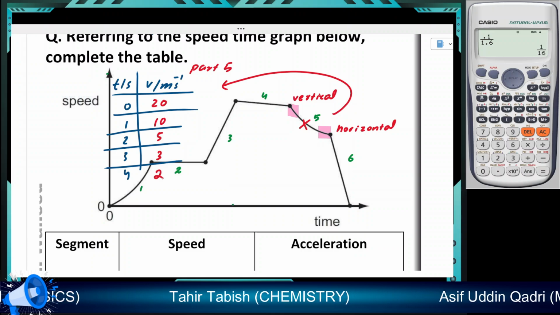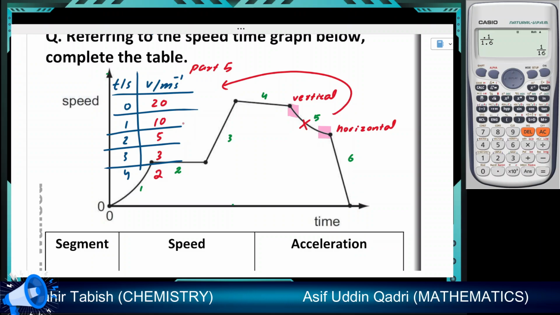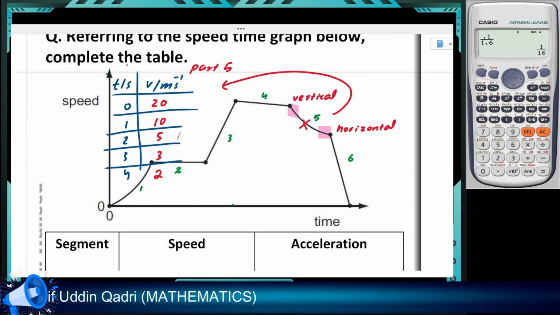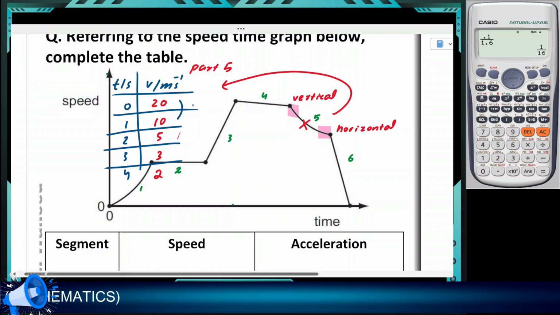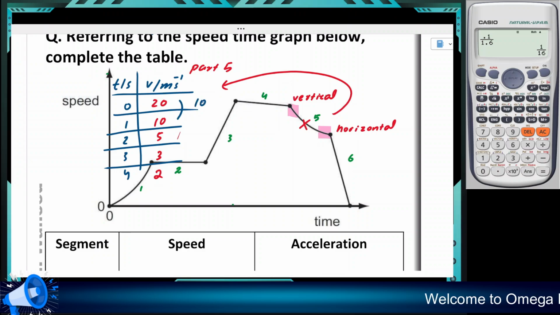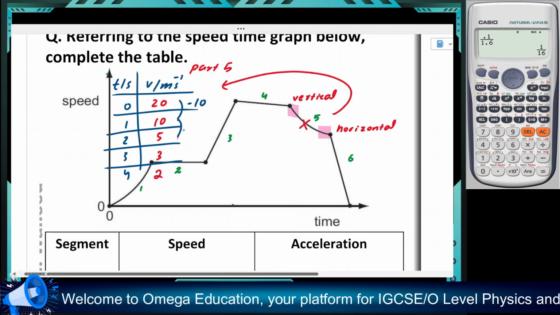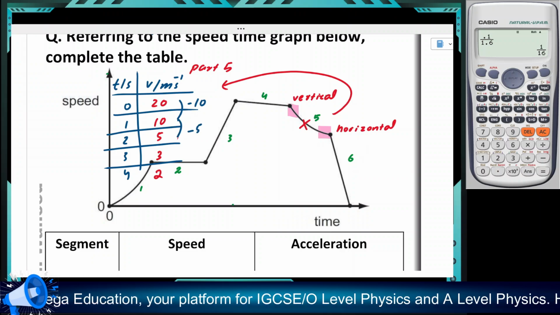Let's comment on the speed. The velocity or the speed is being decreased. But what was the decrease in the first second? There was a drop of 10 meter per second. What's the change in the next second? 5.